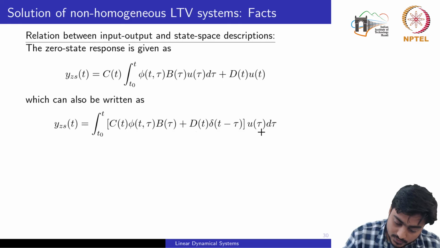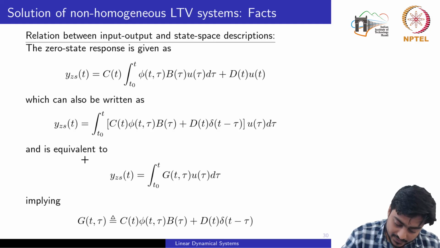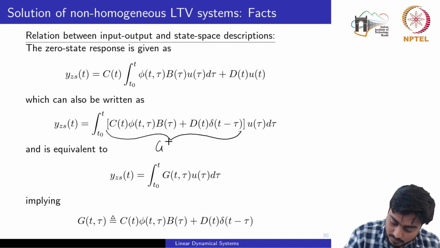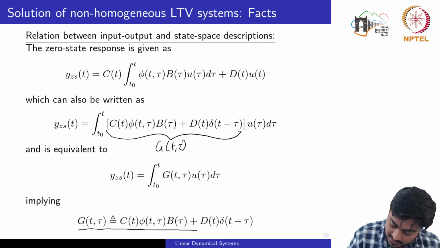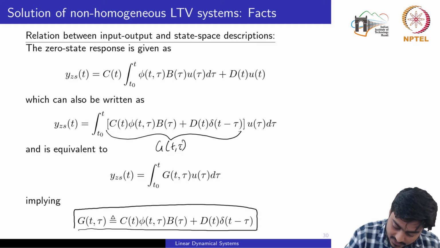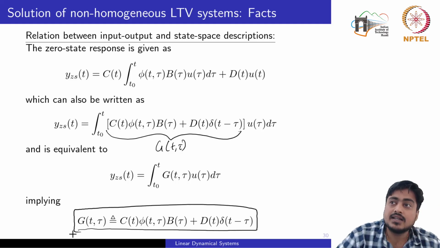Okay, so I can write the zero state response by taking this part inside the integral, which is equivalent to G t comma tau into u tau. Basically I can replace this whole part by G t comma tau. Okay, and this is the impulse response. So this is the relation between the impulse response of the time varying system and the state space solution.